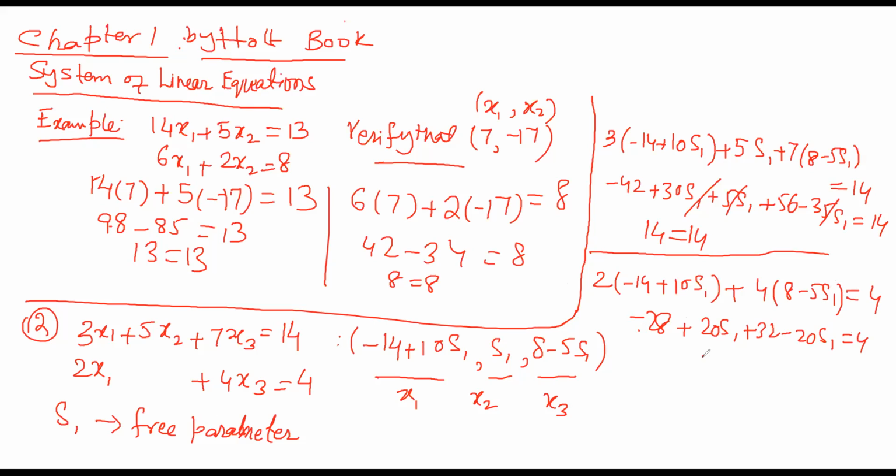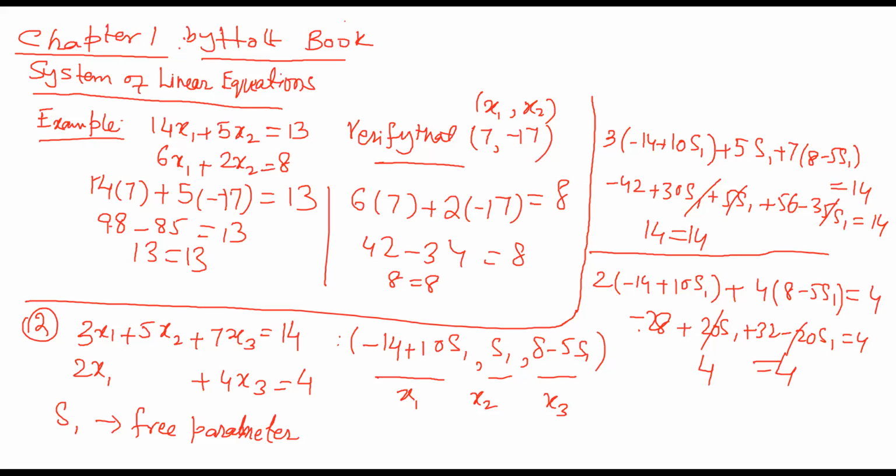So minus 28 plus 32 is 4, and the 20s1 and minus 20s1 cancel. So 4 is equal to 4. So indeed, this is the solution of this kind of equation. Okay. So this is one step which we can find in this topic.